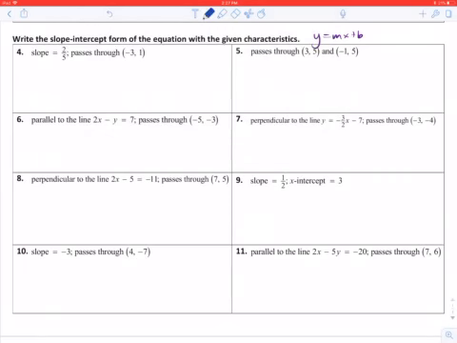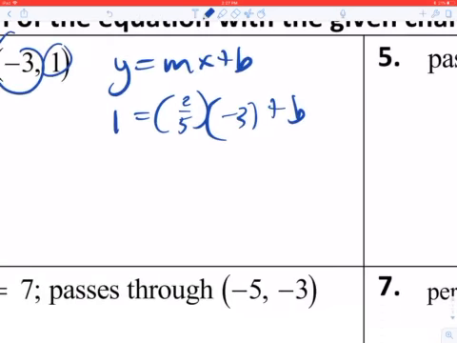Alright, so let's do blue. I need a line with a slope of 2/5 that passes through (-3, 1). At this point I don't know what my b is, so I need to figure that out. I'm going to plug into the mx plus b form: instead of having y and x as just variables, I'll plug in 1 for y, 2/5 for m, and -3 for x, and solve for b.